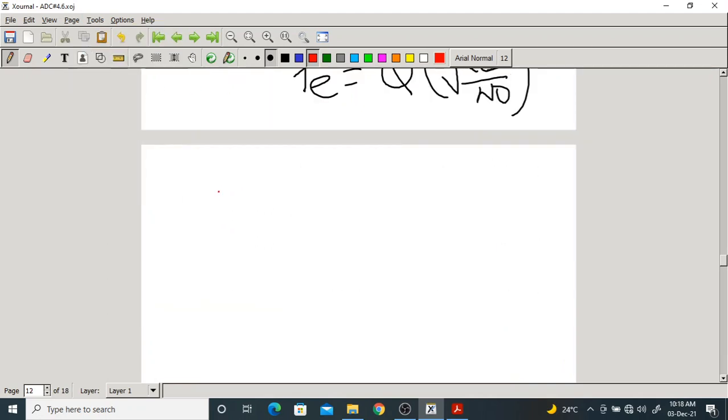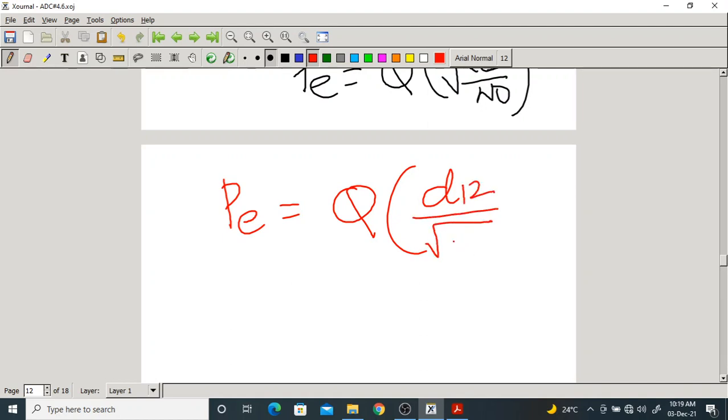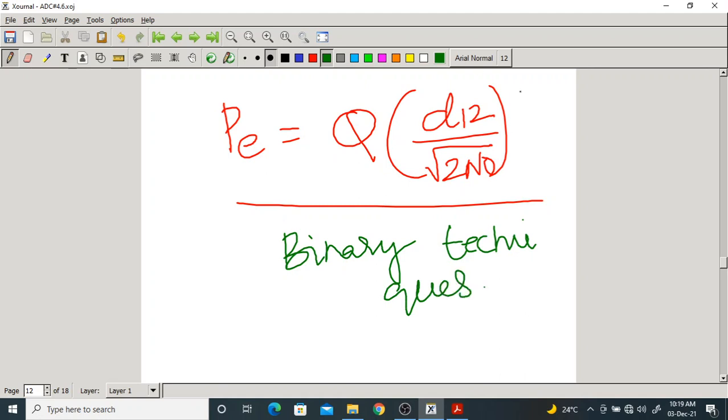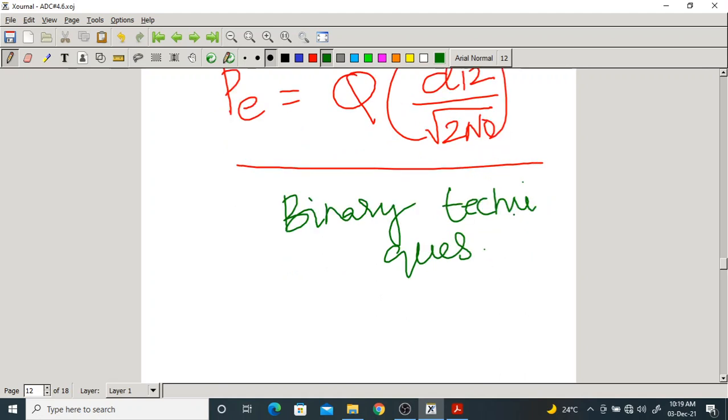For all binary modulation techniques, the probability of error formula is simply Q of the distance between two message points by root of 2n naught. This is the only formula that is true for all cases. Strictly speaking, it is valid for binary techniques. Binary means BPSK, BFSK, BASK.